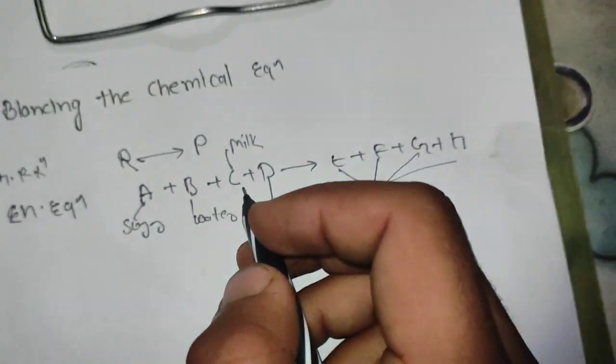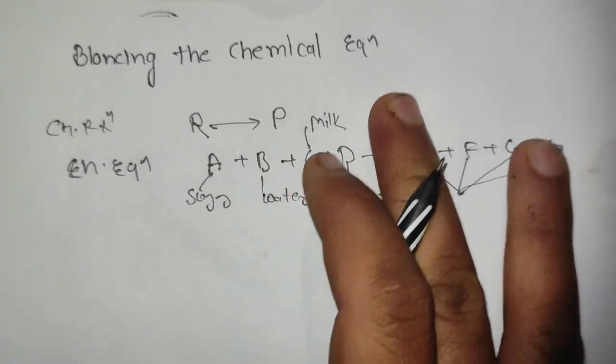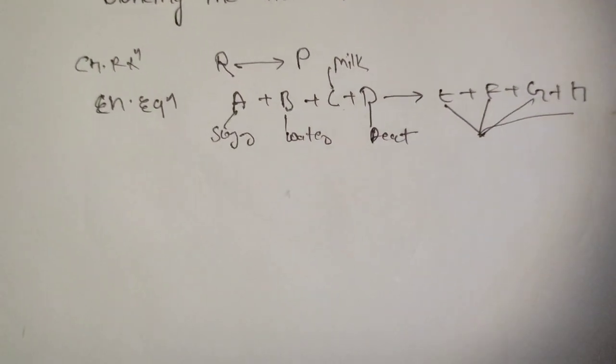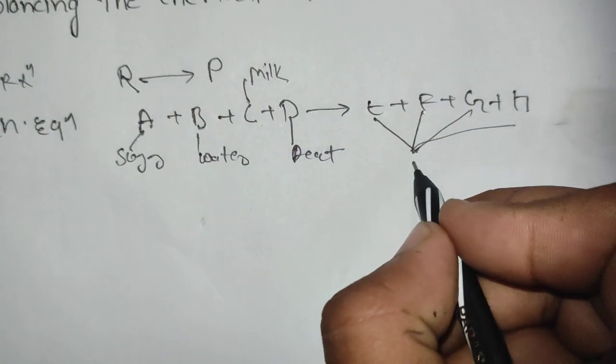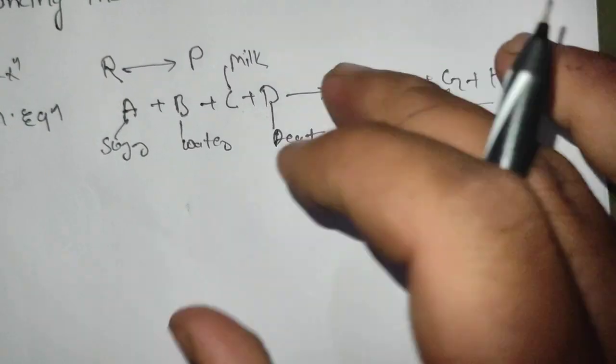So some of the reactants are basic, and when we move to further classes we discuss the rate of reaction. In the rate of reaction we know that d of psi divided by dt, basically it is a higher level.